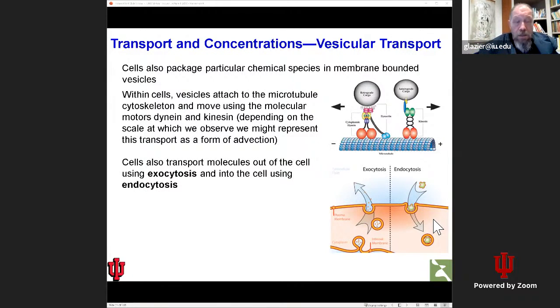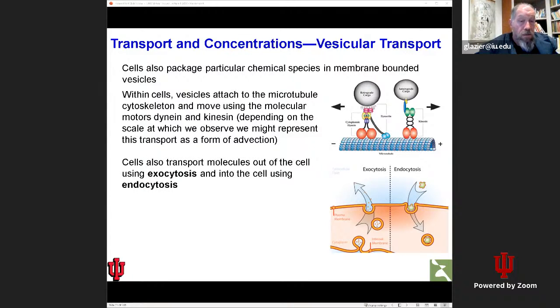Similarly, cells can take vesicles, membrane-bound regions of material, and fuse them with the membrane and release their contents. SARS-CoV-2 does that to release itself from the cell when it's synthesized. But that also is something that happens normally, for example, at synapses in neurons.